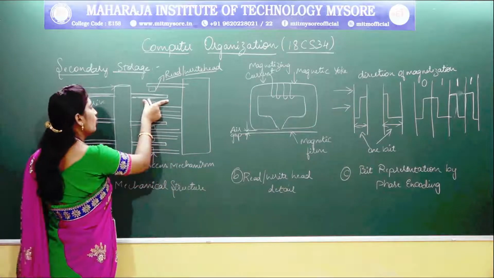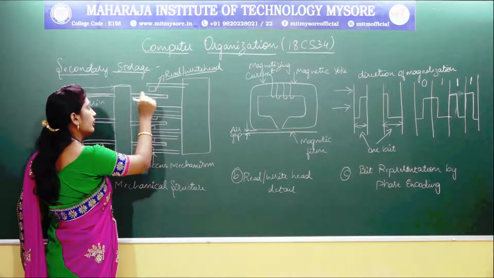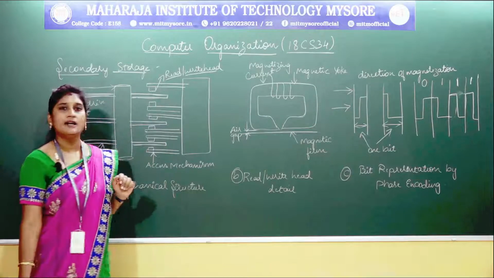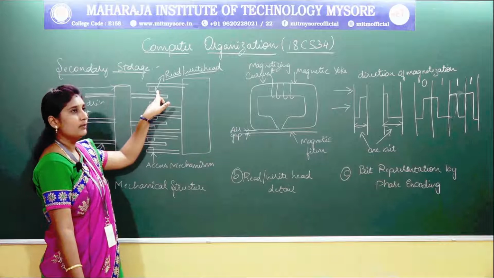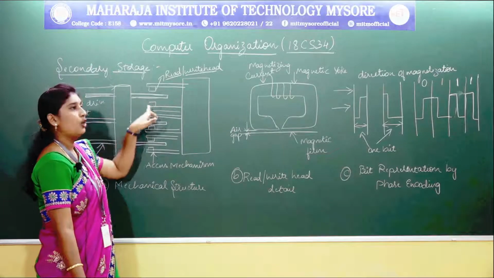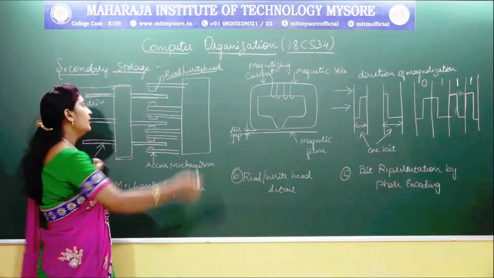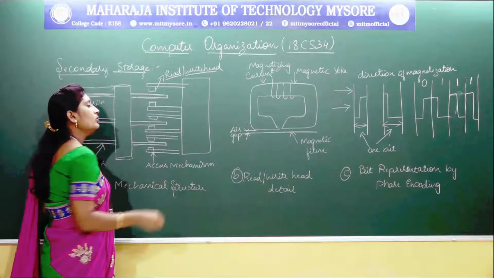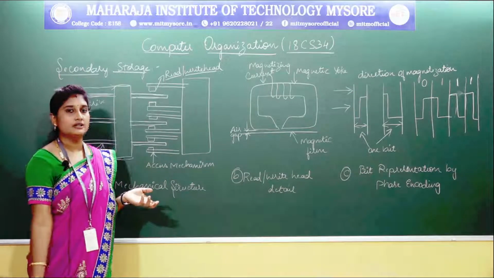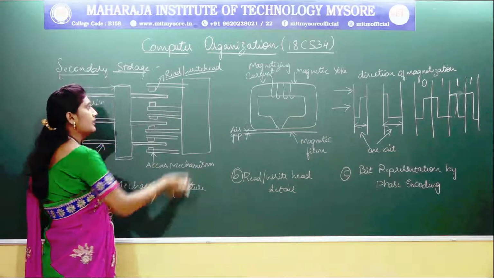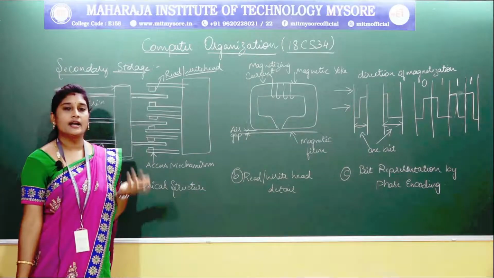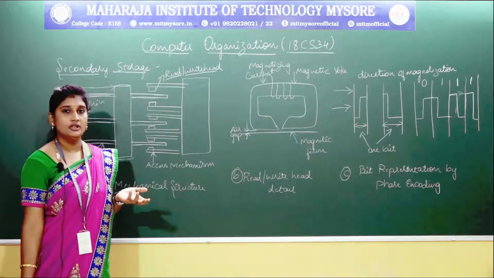Whenever you want to read data from or write data to a particular disk, the read write head, which is placed in close proximity to the disk, is activated using certain current pulses, and then at that particular location the data is read or written at that position of the disk.